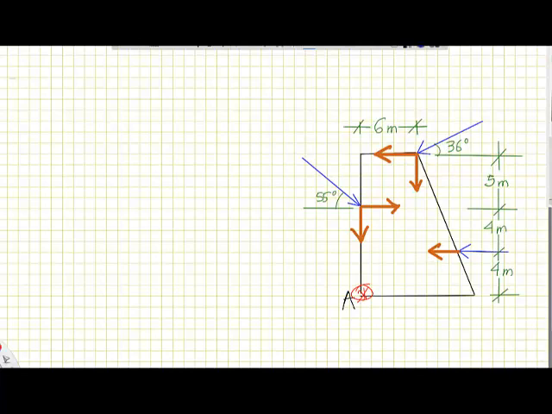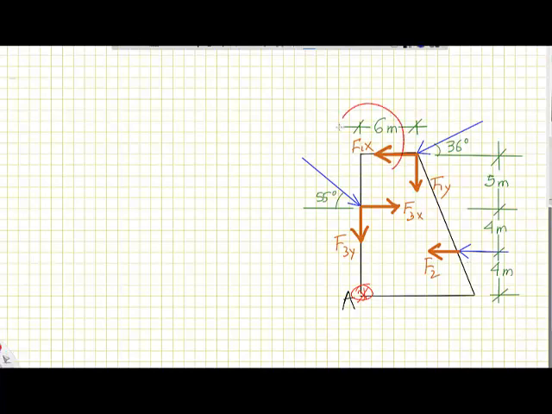So we'll start to define the rotation direction for each one of them. So for F1x, maybe it's a good idea to write down this is F1x, and this is F1y, this is F3x, this is F3y, this is F2 or F2x, same thing. So let's first of all define the rotation direction for each one of them.